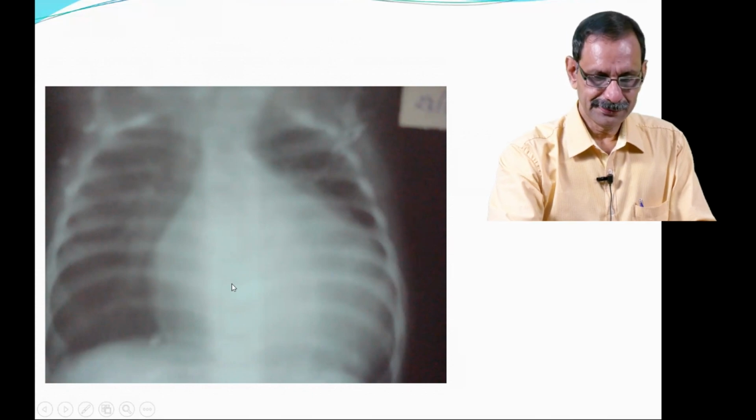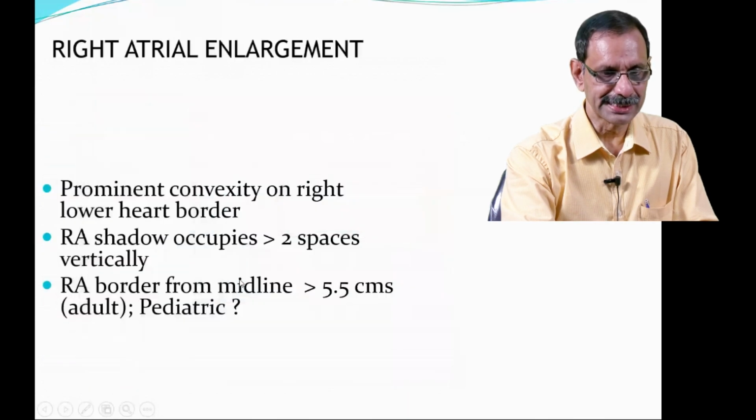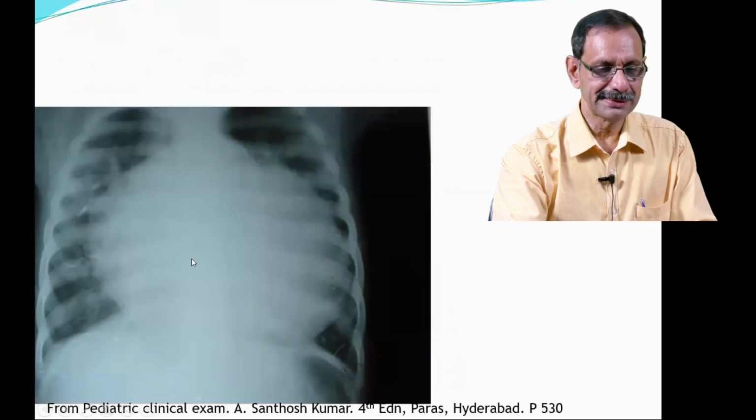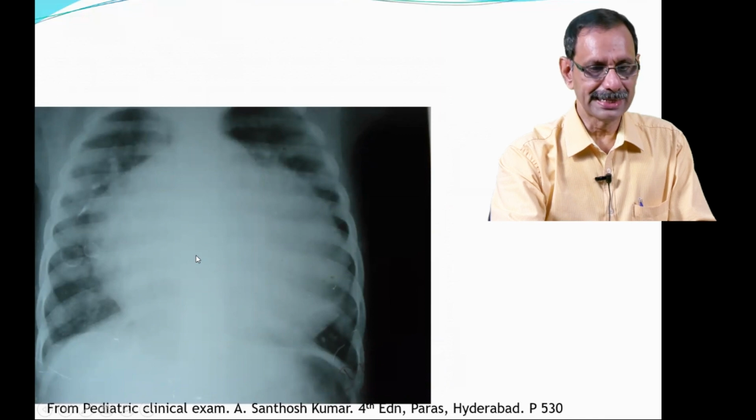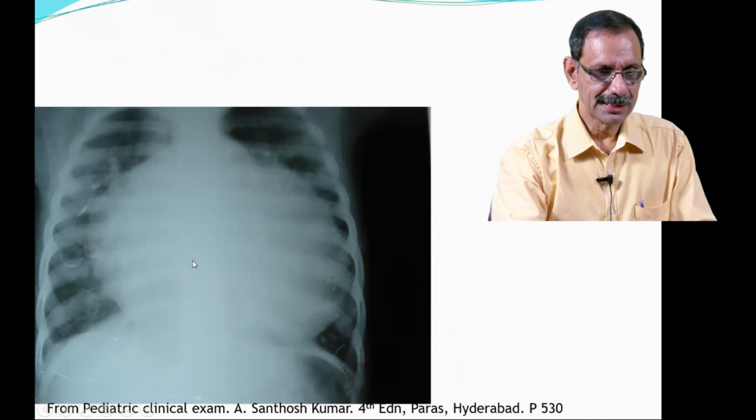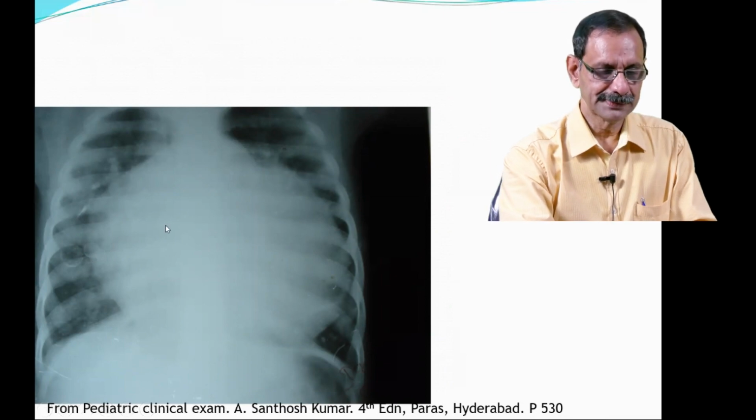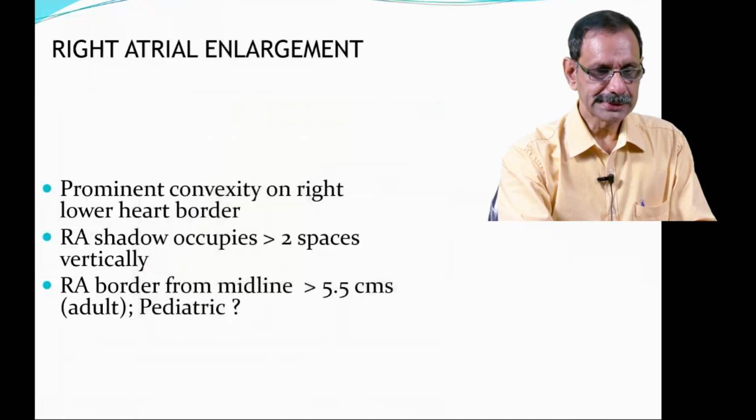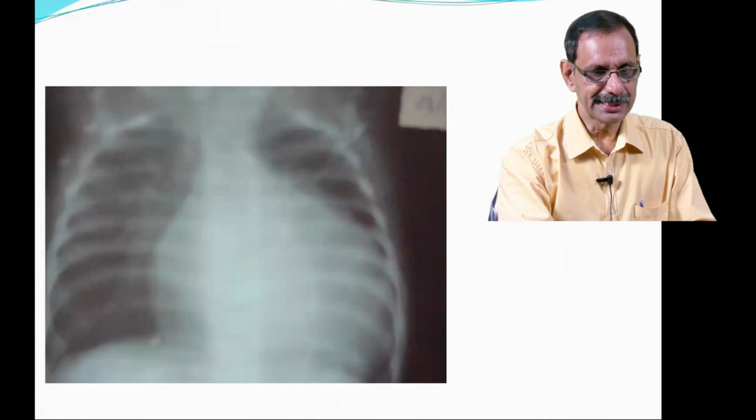We will go back to the pericardial effusion slide. Here you should not commit that it is right atrial enlargement. This is pericardial effusion. If you measure, it will be 5-6 centimeters. So we must use other findings also before giving an opinion.